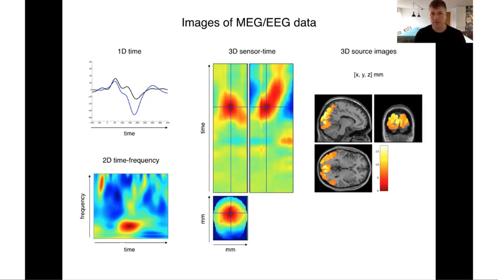Or this could be 3D sensor time images, where we localize over the scalp in EEG, over the sensor array in MEG, and over time as a third dimension. Or indeed, this could be 3D source images, where we'd like to localize effects in brain space, so in MNI space and voxel space.